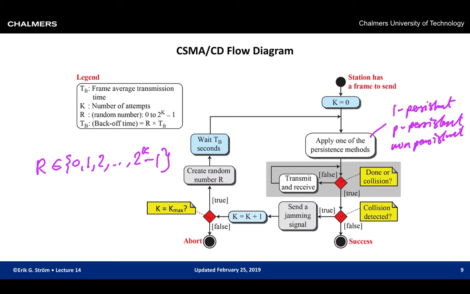So the more nodes waiting to access the channel at the same time, the longer the maximum backoff time needs to be in order to separate these well. So maybe this is the maximum backoff time chosen by the protocol, and then this one moves to the right when k increases.